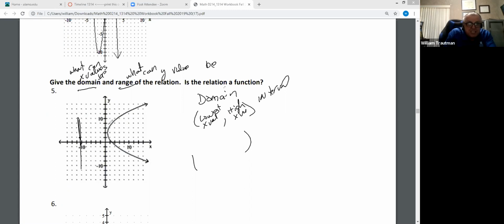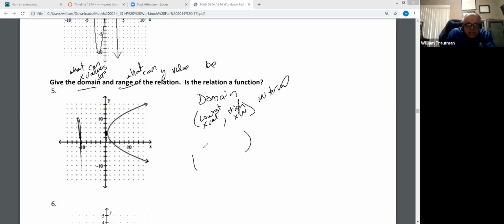The farthest left is right here. It's hard to see. I think they meant to have it touch this, but I'm saying it's right here.